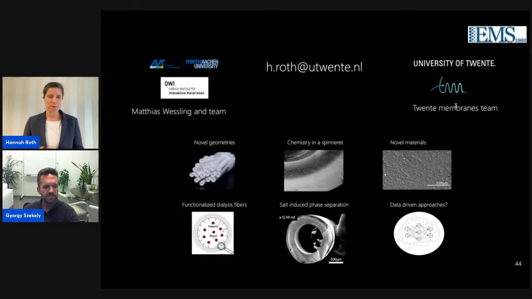And aside from resulting in interesting membrane structures and great ways of studying the fundamentals of phase separation, of course, when we look at making composite membranes at the moment, or the layer by layer technique, we have very many steps in making the membrane.